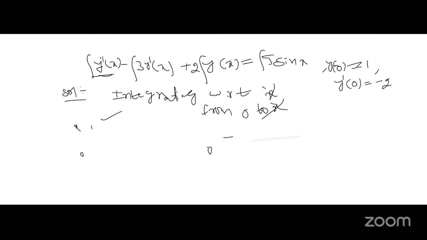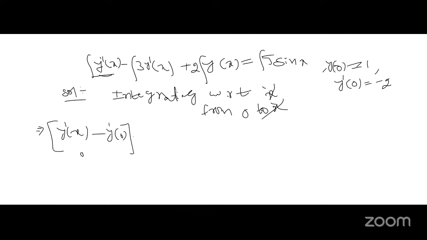So from there we are getting y dash of x minus y dash of 0.